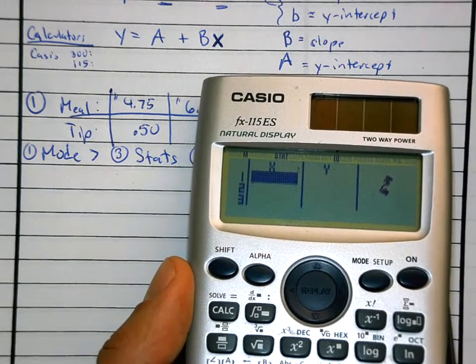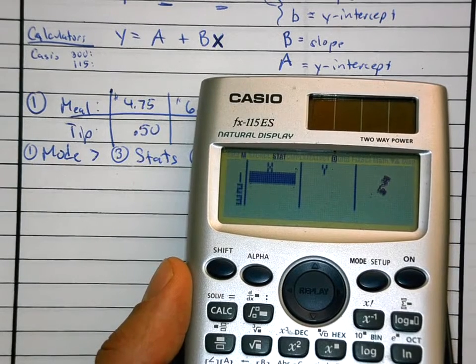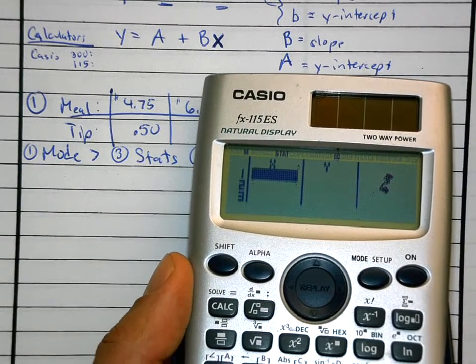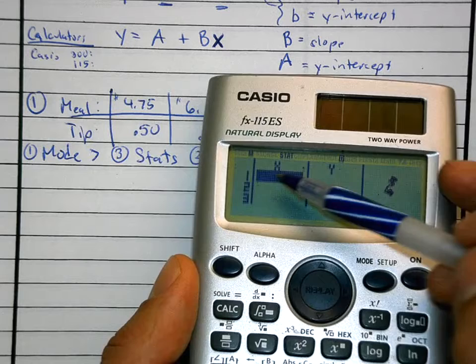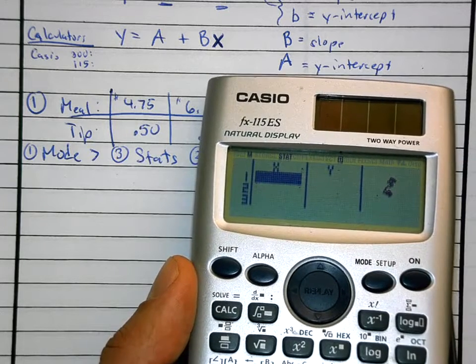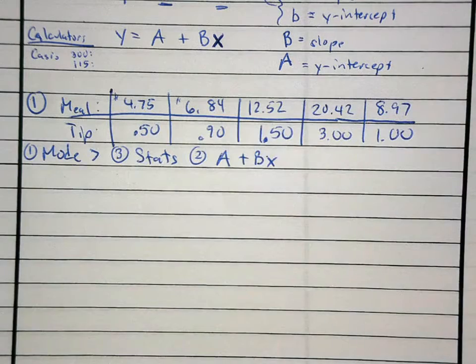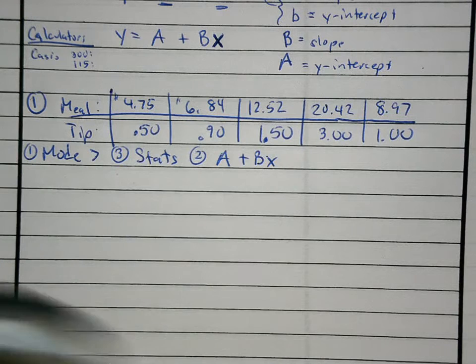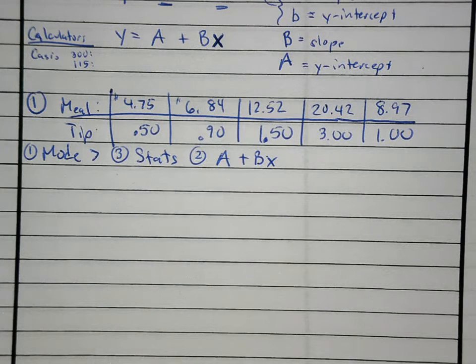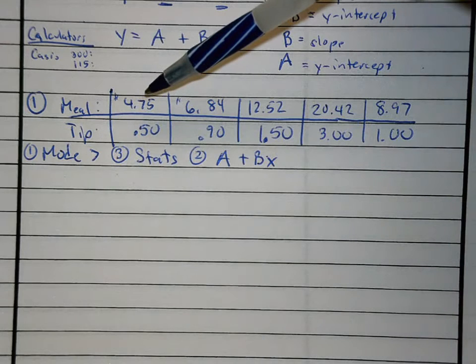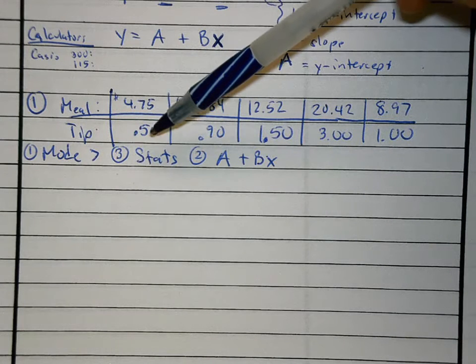And then we have 2 columns. We have an X and a Y column. So you have to know which one is your X and which one is your Y. Which one depends on the other. Does the meal cost depend on how much tip there is?